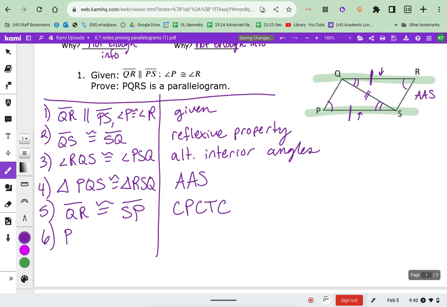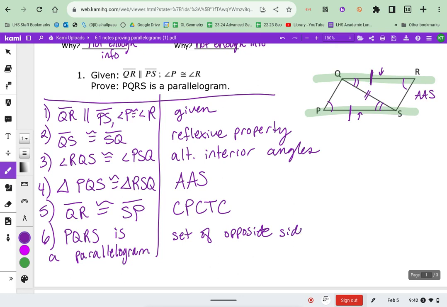So PQRS is a parallelogram. And our reason will be that we have a set of opposite sides that are congruent and parallel.